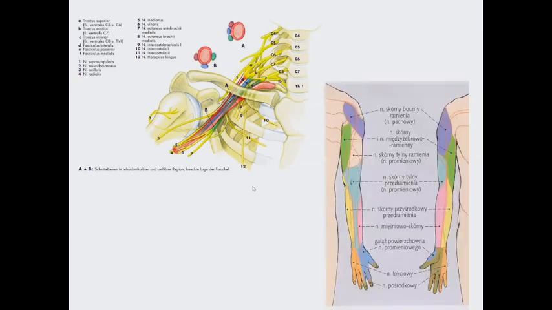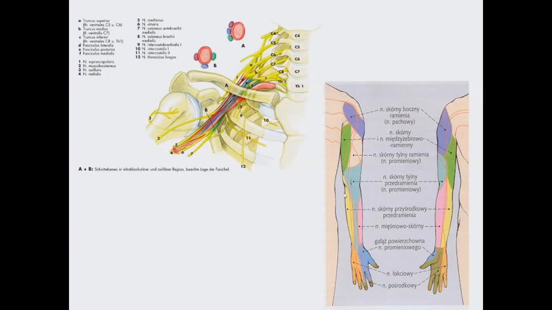If the block is performed at the level of the neck, then the shoulder will be anesthetized and the upper part of the arm. If it's done at the level of the clavicle, the shoulder will not be blocked, but the arm and almost all of the forearm and almost all of the hand. When the block is performed in the axilla, only operations below the elbow can be performed.